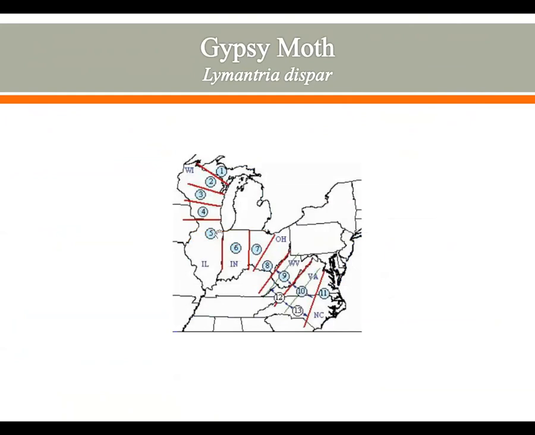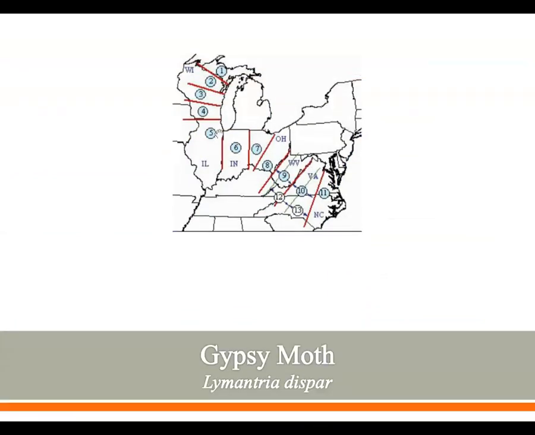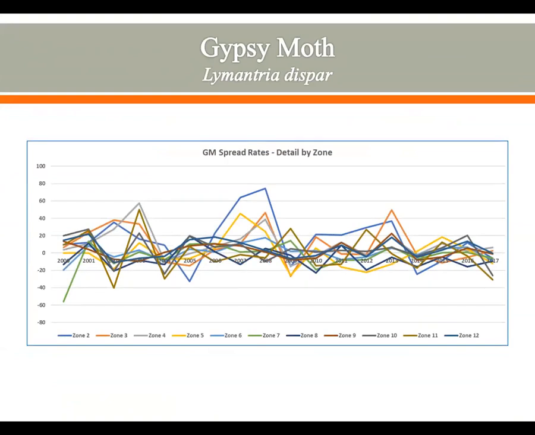And we'll go to each zone and see how each zone is working and how effective the program is in each one. This is a graph showing the spread rates in all 12 zones together. As you can see, that's pretty much a mess. So we'll break it down and take each zone individually and see how everything is doing.